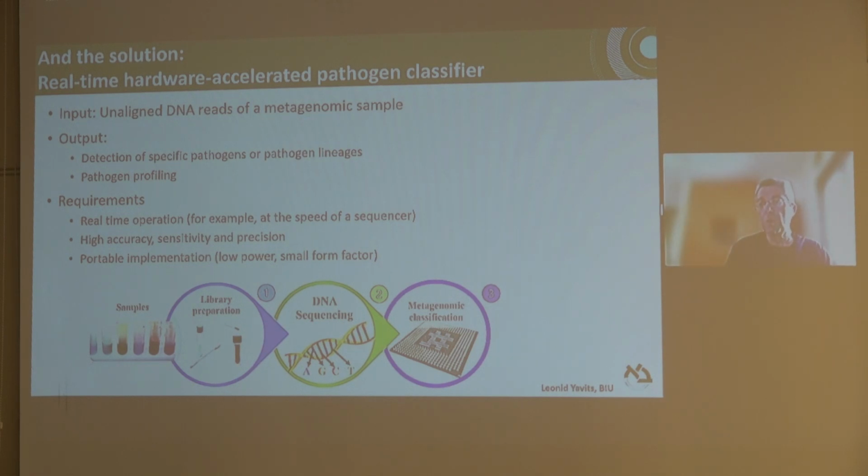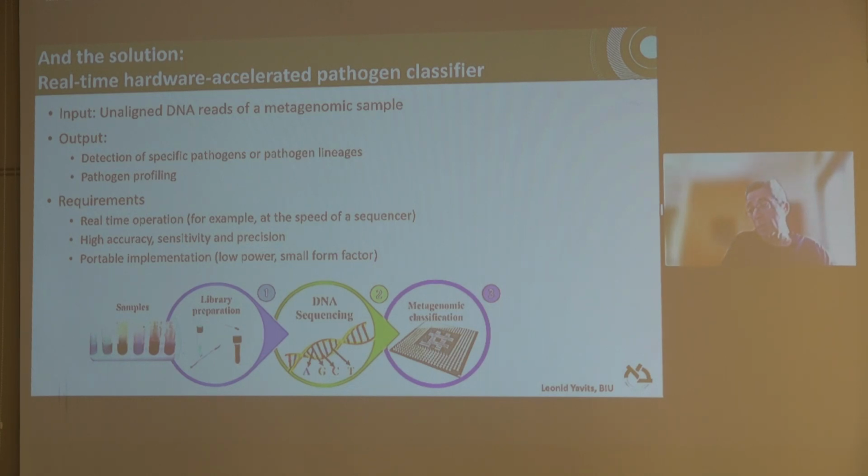So if we're talking about a nanopore based sequencer, that would be the speed of the sequencer, and if it's an Illumina class sequencer, then as fast as possible. And we would obviously require high accuracy and all those criteria that come with accuracy: sensitivity, precision, specificity, all those. And we would envision this classifier as a portable device.